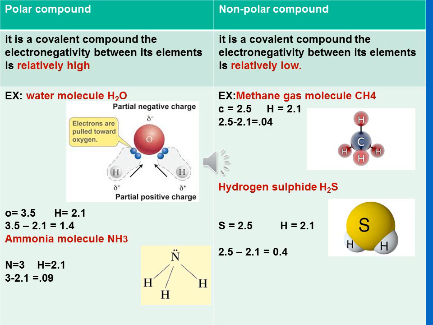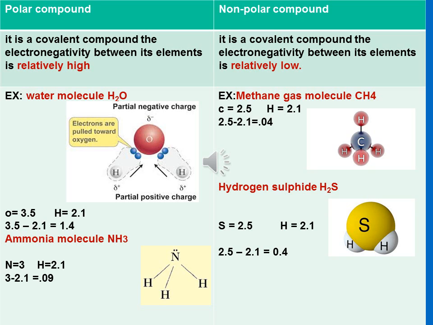Okay? But for the nonpolar compounds, we have two examples, the first of which is methane. Methane gas consists of CH4, one carbon atom and four hydrogen atoms. Carbon's electronegativity is 2.5. Hydrogen's electronegativity is 2.1. If we calculate the difference, 2.5 minus 2.1, it will be 0.4.